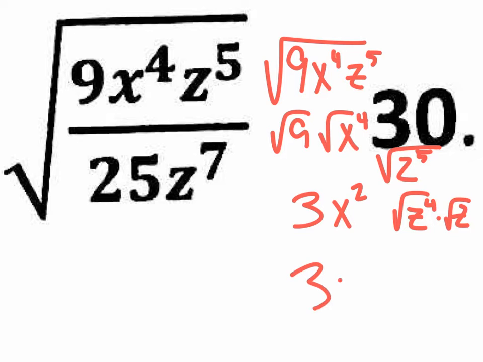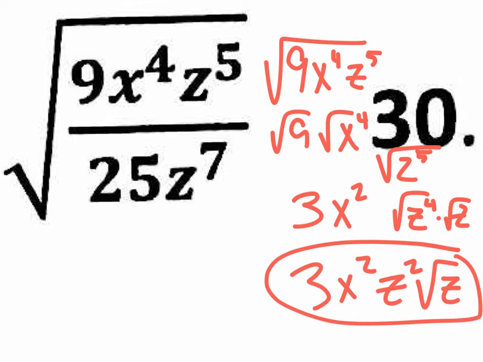So you really have 3x squared z to the what? Z to the, what's the square root of z to the 4th? There you go, z to the 2nd, and the square root of z just comes down. Now, this is my numerator. Let's work on the denominator.